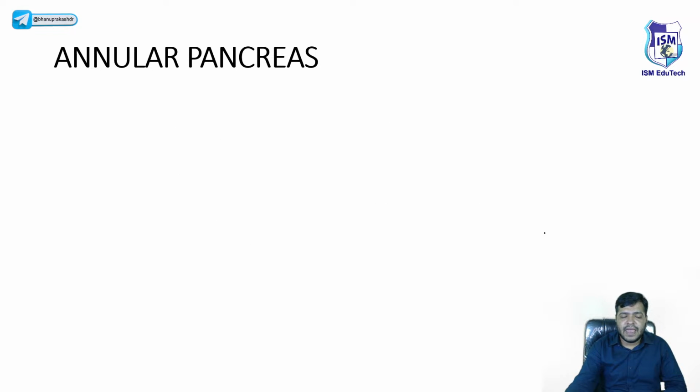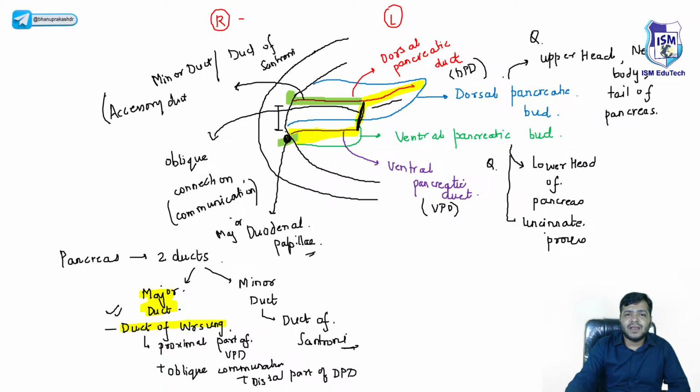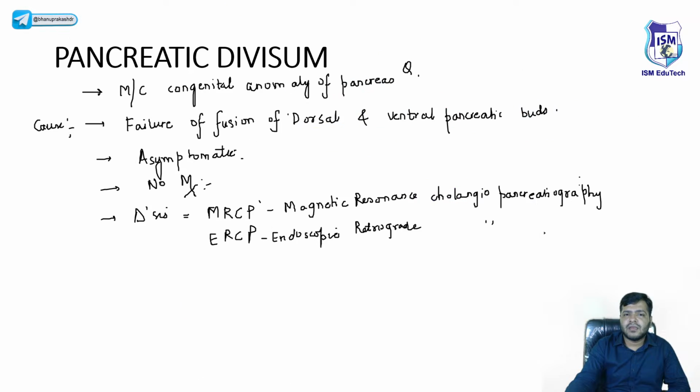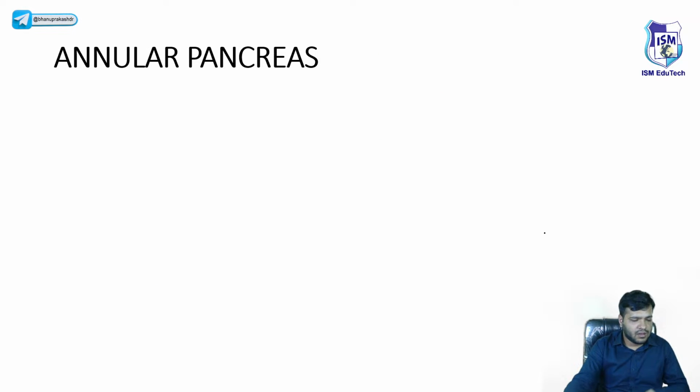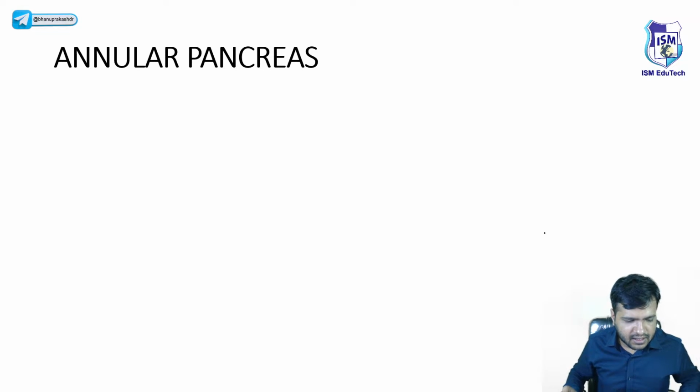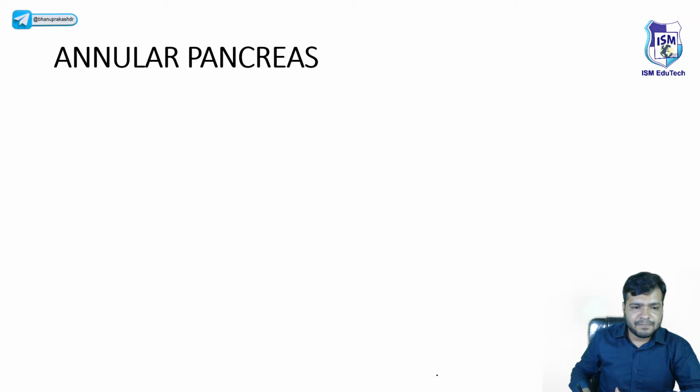Now, annular pancreas. Now, when I say annular pancreas, guys, पहले इस condition को समझो, guys. Annular का मतलब होता है circle, right?